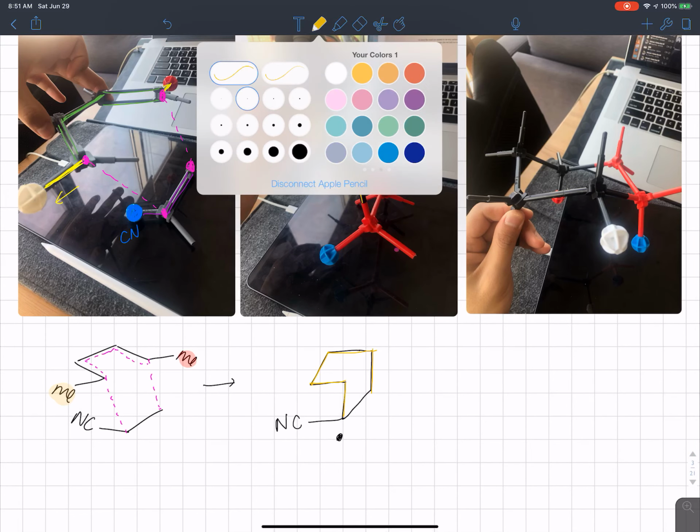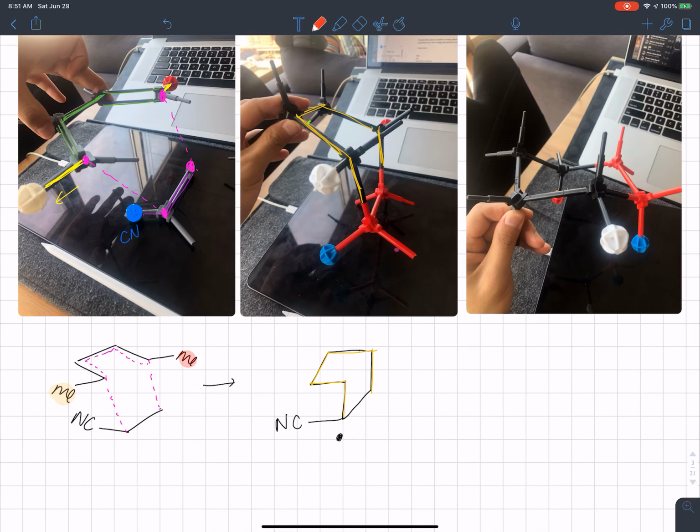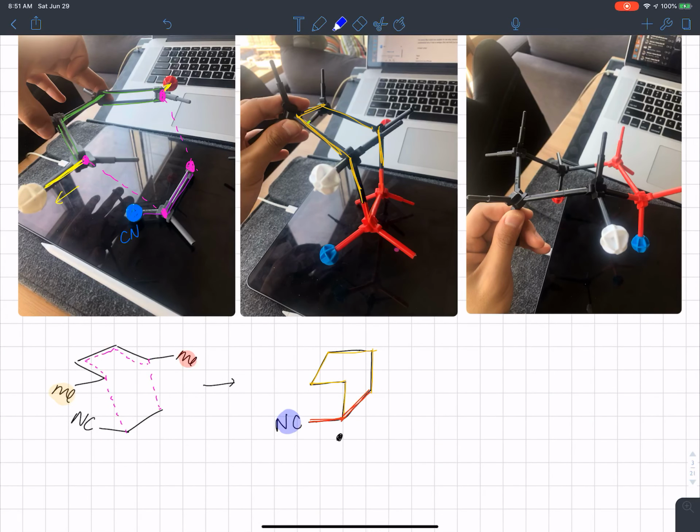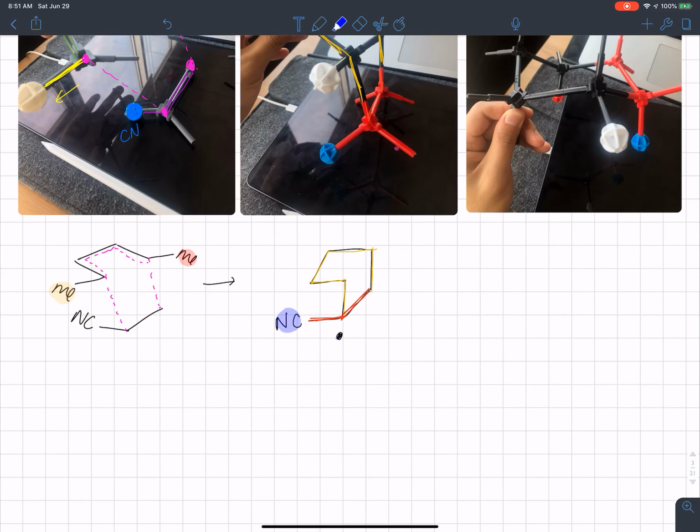And the part that I put in red, which was your dienophile carrying your nitrile group, is right here. It's forming one bond here, one bond here, and my nitrile group does not change. Still right there.